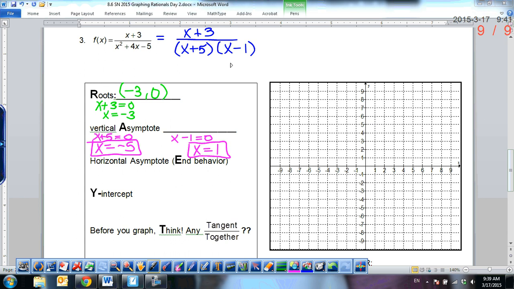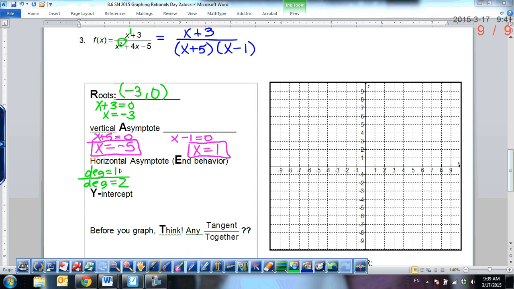All right, horizontal asymptote means we're talking about the end behavior, so we have to look at the degree. So is the factored version going to help us, or is the non-factored version? The non-factored, because you have to look at it as a polynomial, not as individual factors. Okay, so what is the degree of the numerator? 1, because of that one right there. So the degree of the numerator is 1 over the degree of the denominator, which is 2.